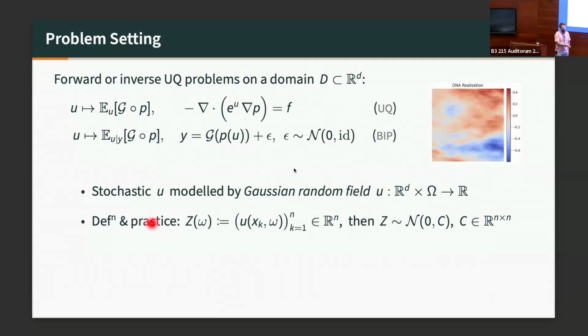And so both in the definition of what a Gaussian random field is, and in practice, one looks essentially at a vector.